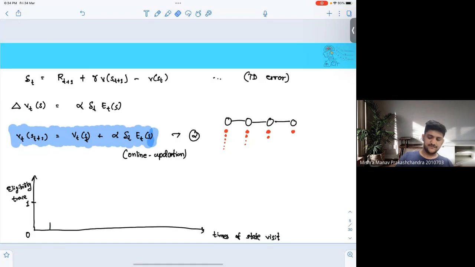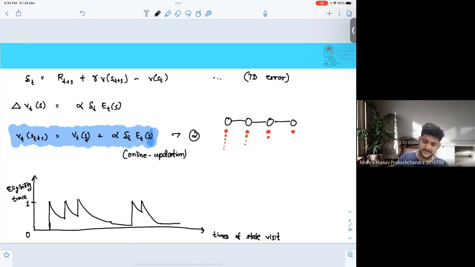For the first visit to a state, you get a value of 1, then it starts decaying. The next time you visit that state, instead of that 1 being added to the current eligibility, you replace it. So the eligibility becomes 1 again, and then it starts decaying again, till it reaches here. Again, it becomes 1 if I visit it.